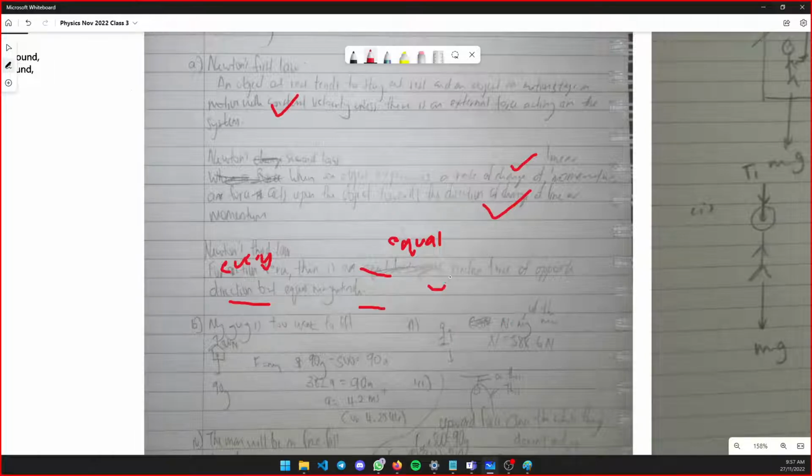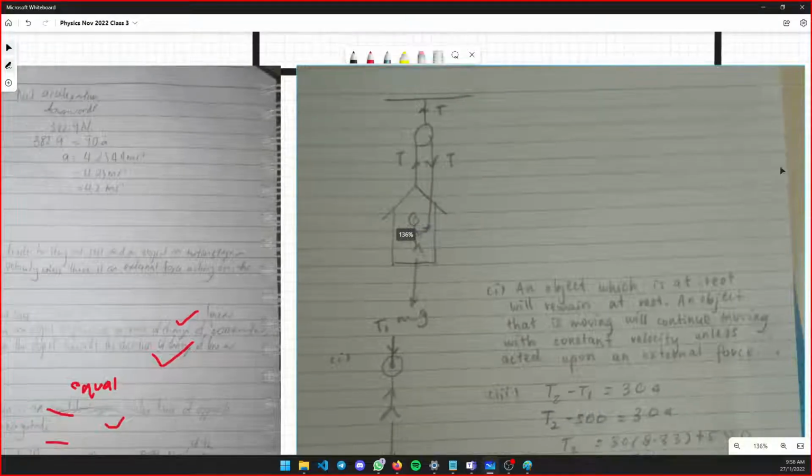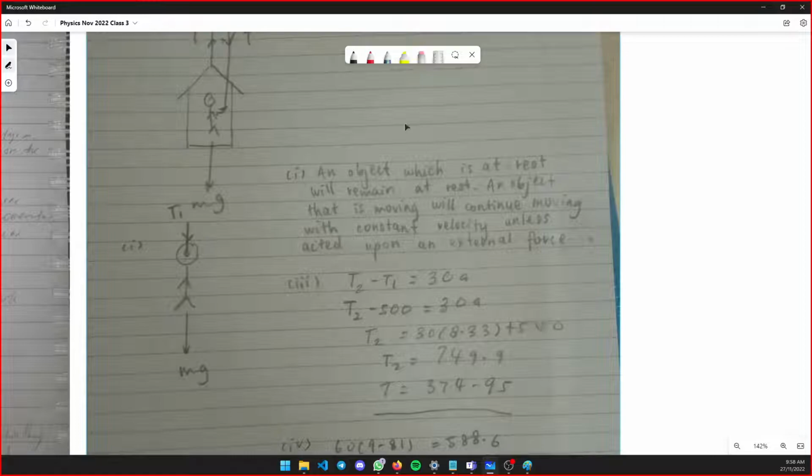Okay, now let's go to the questions. Let's go to Tiny. Objects remain at rest or continue in motion with constant velocity. The acceleration, I got 8.33.